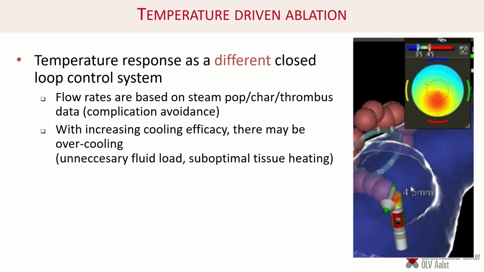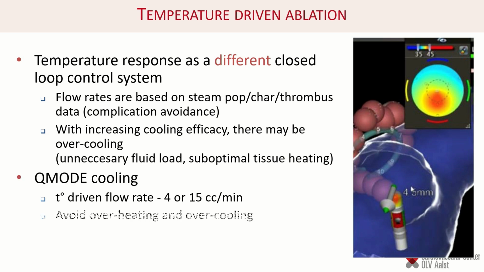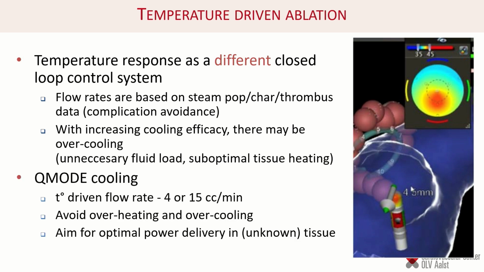The 50-watt Q-dot workflow has as one of its ideas behind it a closed-loop control system that is not the normal temperature-controlled mode of the non-irrigated catheter, where you achieve a target temperature and the power is reduced. In the Q-dot system, the flow is modulated, so you can maximally try to keep your set power, and only if the increased flow rate is not able to control temperature, then the power will be reduced.